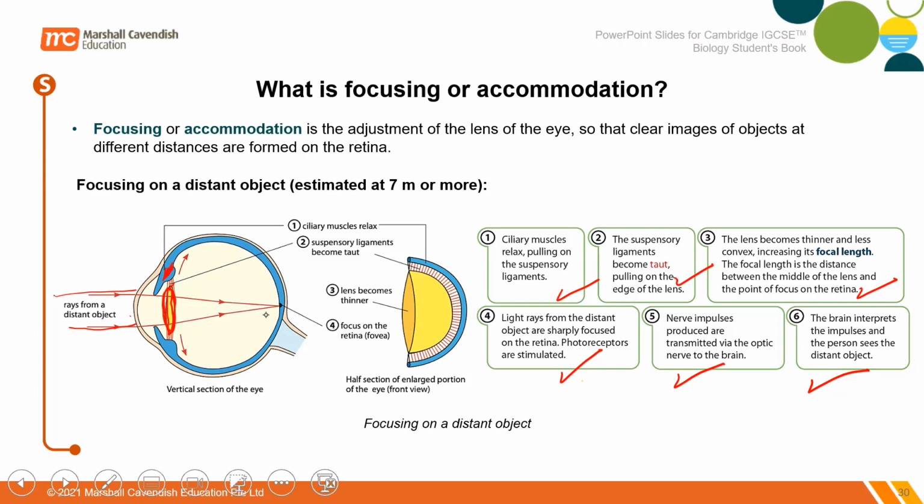Because the focal length, which is the distance between the lens and the fovea on the retina, will be more. Imagine with me: if the lens is thicker, the focal length from the lens to the retina will be shorter.